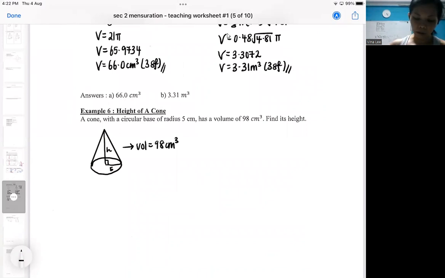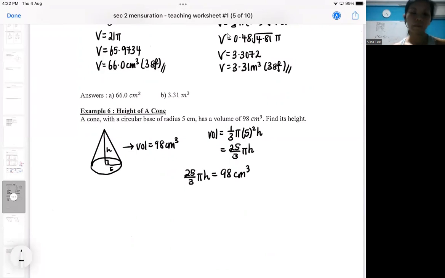From the formula, keep it in terms of your pi. This formula should be equal to 98. Just do normal algebra, and you should be able to find your height.